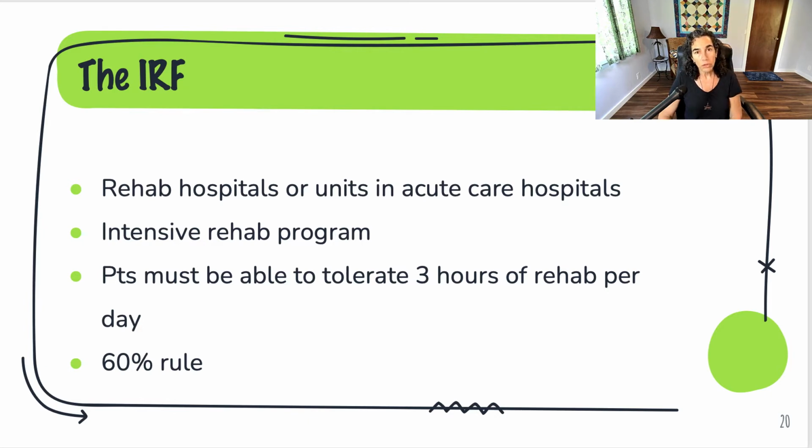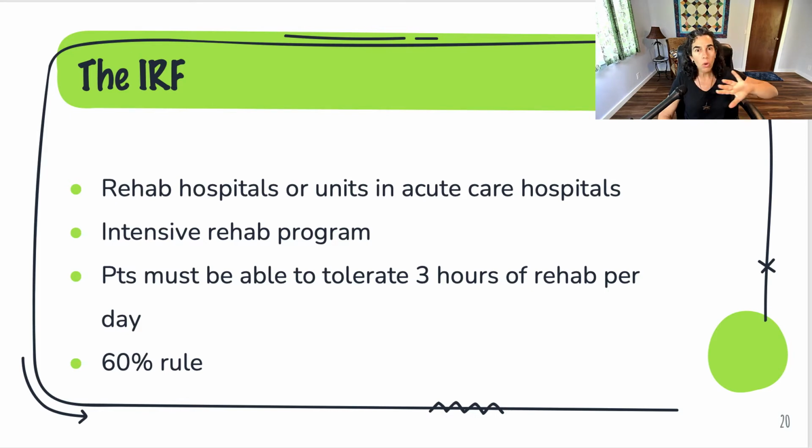And there's also something called the 60% rule. This stipulates that in order for an IRF to be considered for Medicare reimbursement purposes, so again, our prospective payment system, 60% of the patients in that facility must have a qualifying condition. What are our qualifying conditions? Well, there's 13 of them, and this may actually jog your memory in terms of the IDEA, or the Individuals with Disabilities Education Act.